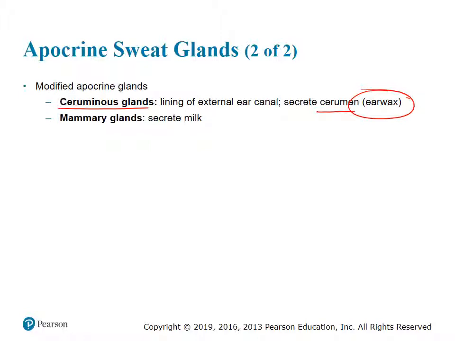And that's a modified sweat gland. Now, we've concentrated the amount of lipids in it and proteins and taken away a lot of the water from the substance, and that's really why there's a thick, waxy substance that we call earwax. That's why its composition is that way.